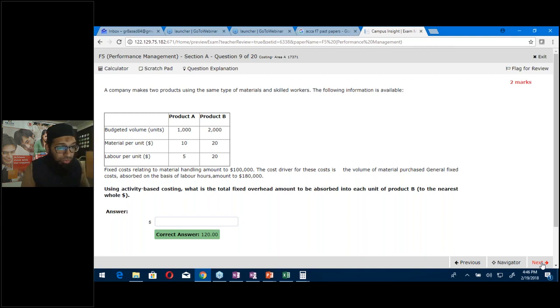When you come across it on Campus Insight, these questions will not be in the same order, but if you look at the top, it is written F5 Performance Measurement, Section A, question 9 of 20. This is the name of the question, and that is Costing Area A 17371. So you can find this question and then try to solve it.